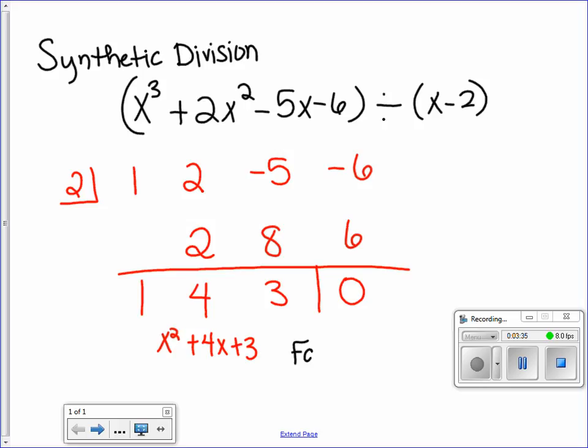It's called the factor theorem. Let me guess, the guy who created this name is Factor. No. It's because if you divide and the remainder is 0, then what you just divided by is a factor.